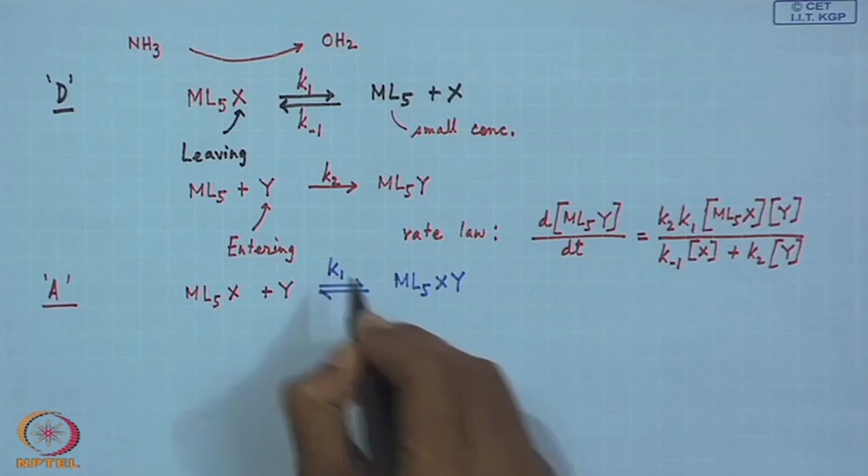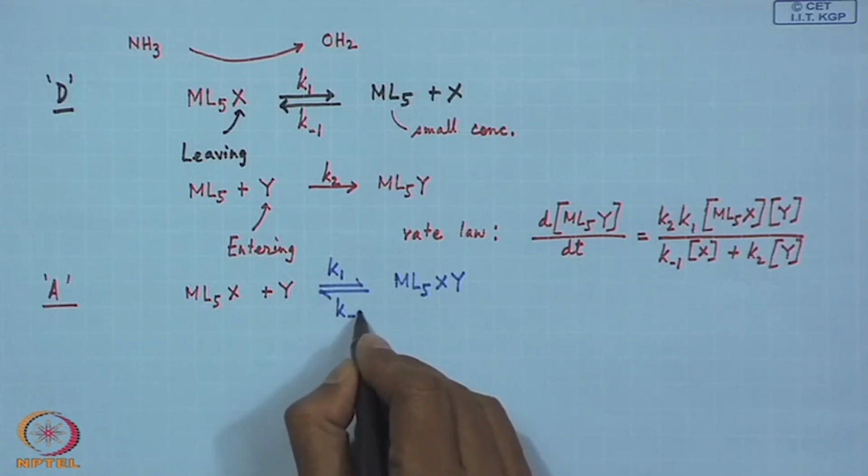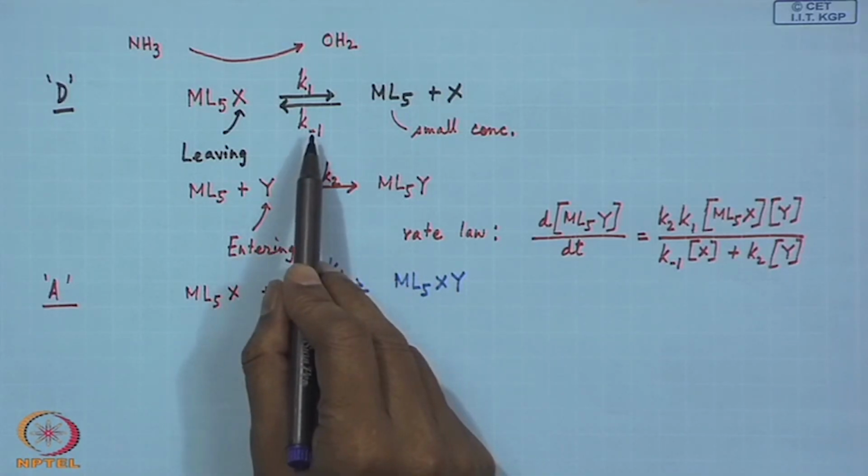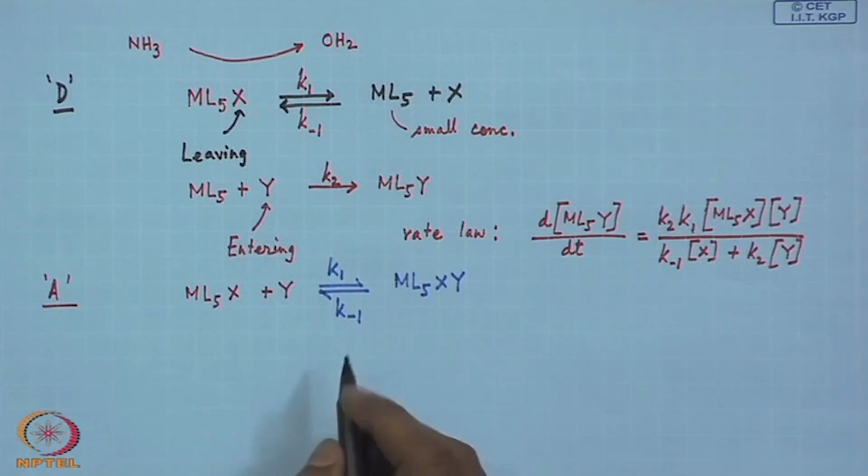We have this K1 and K minus 1 in the same way as that of our dissociative pathway.